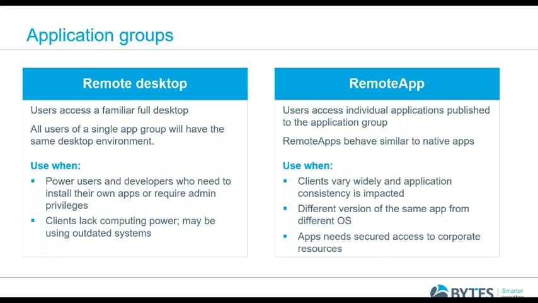Then there's remote apps, and remote apps are, if you're familiar with RDS, the exact same thing. It is basically application virtualization. Instead of sending back a representation of the entire desktop, it just sends back that application. And the great thing about that is that application, especially in Windows 10, acts as a native application. With Windows 10, all you'll see is a little glyph on the icon showing that it is a WVD application.